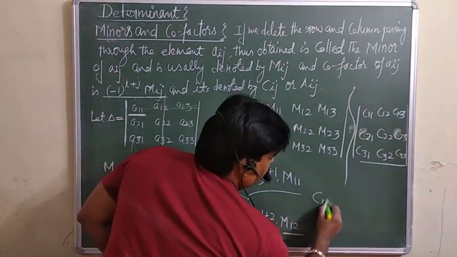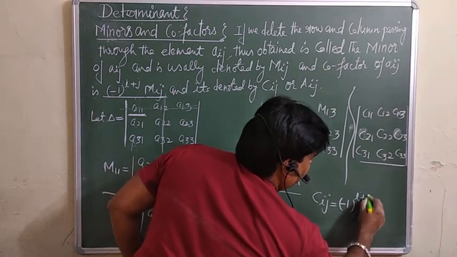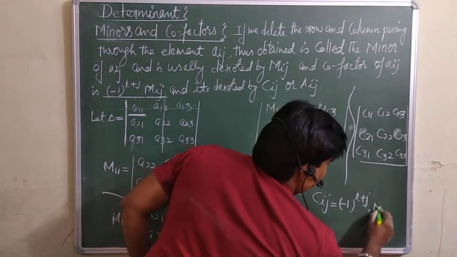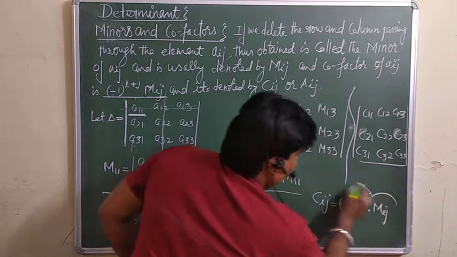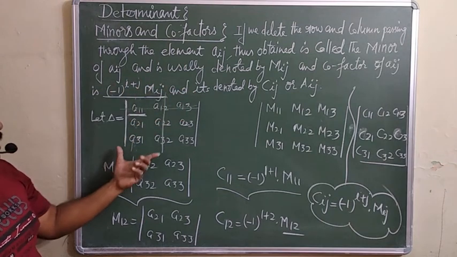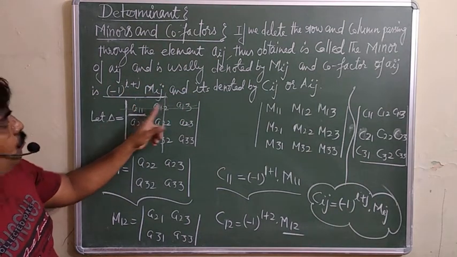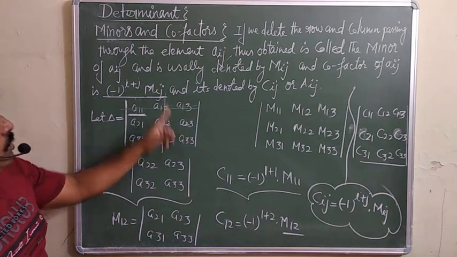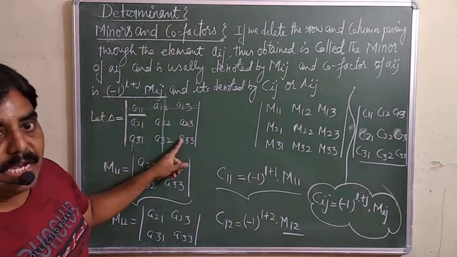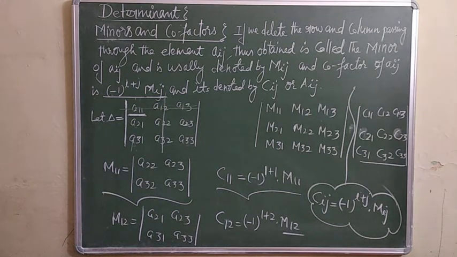In general, Cij is equal to minus 1 raised to power i plus j into the minor of Mij. That gives the cofactor. So if any matrix is given, you can write the minors and cofactors for every element. Have a look.